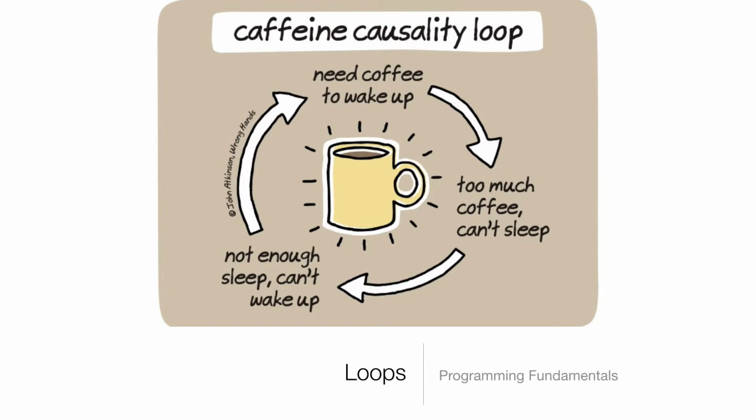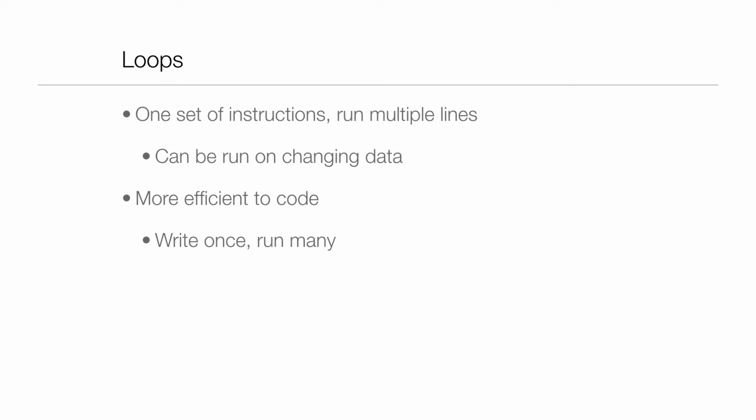Anyway, loops. Loops are another important part of programming because this is where the power of computers can come in, because you can set multiple commands in a row and get your computer just to loop through them constantly, depending on what you want it to do. And you can change data within those loops. It's just standard code, and like I said, it's more efficient to code because you write the code once and you can run it many times.